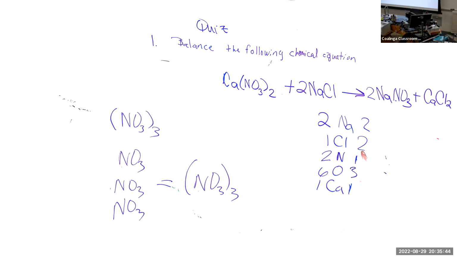We have 2 chlorine. So if we put a 2 in front of here, now we have 2 chlorines. That means we need 2 sodiums. That gives me my 2 sodiums. That also means we now have the nitrogens and oxygens. Now it's balanced.